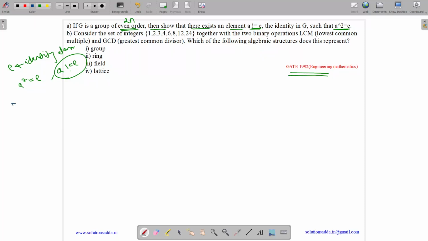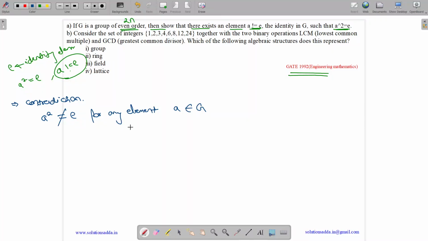So how will we show this? Here we can do it by contradiction. Assume that there doesn't exist any element such that A square equals E, which means A square is not equal to E for any element A belonging to our group.